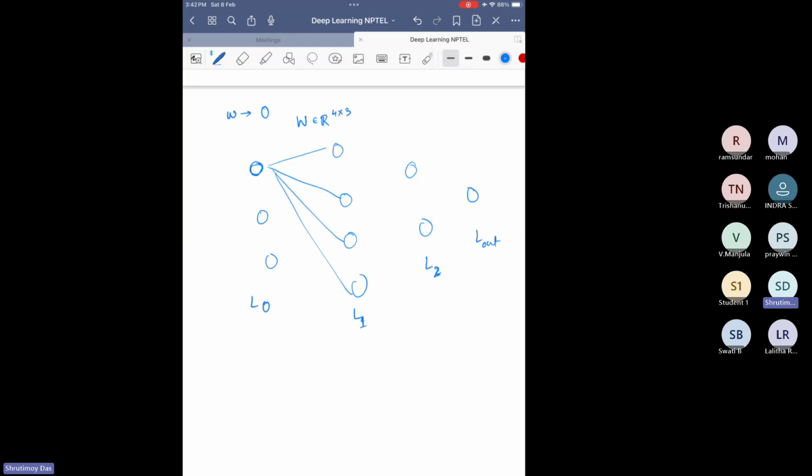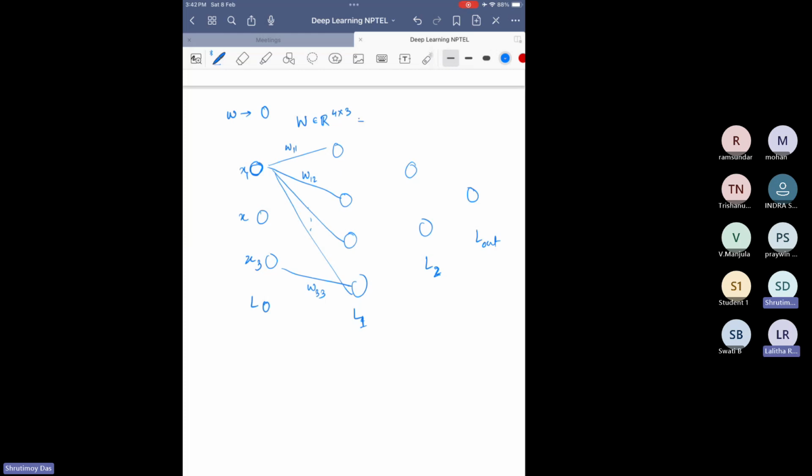So everybody is able to get this, right? Because understanding this will make everything easier. In case it is not clear, let us say this is x1, x2, x3, and this is w11, w12, and so on, and finally w33.